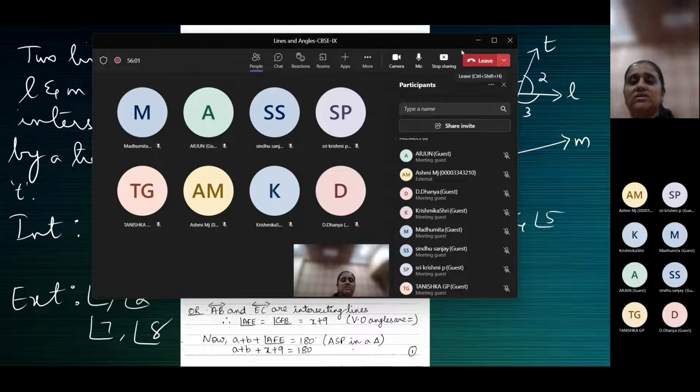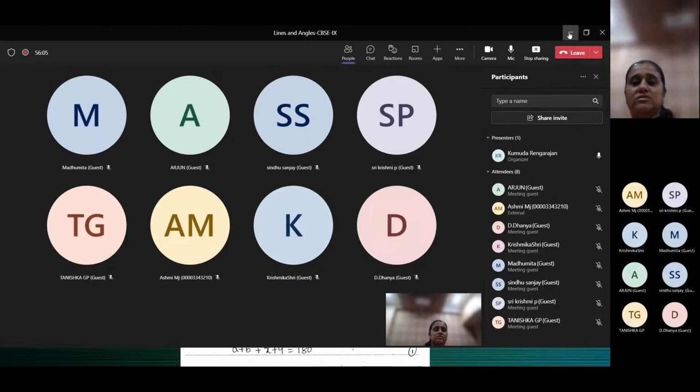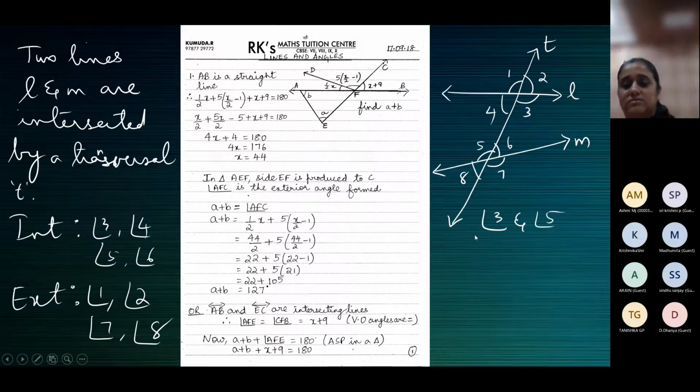But only Sanjay, Danya, and Madhumita have shared their thoughts. What about the others? Okay, now Madhumita, what's your final answer? Now there's no difference, because whether they are parallel or not parallel, if they are called alternate interior angles, then what is the difference then?